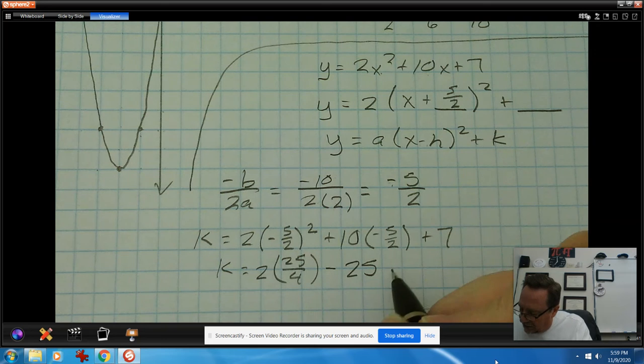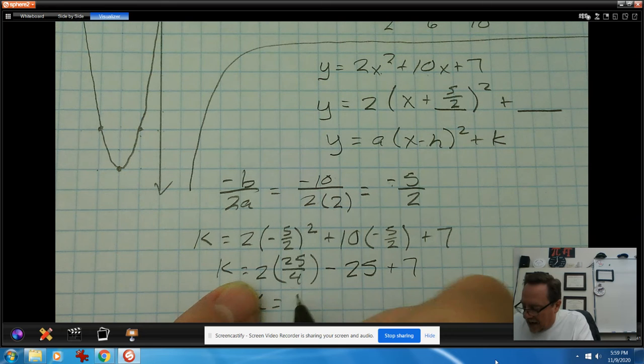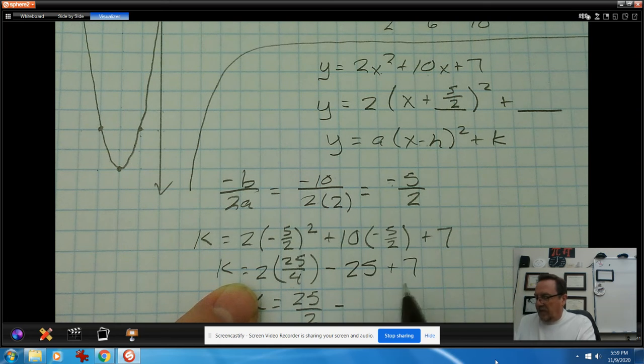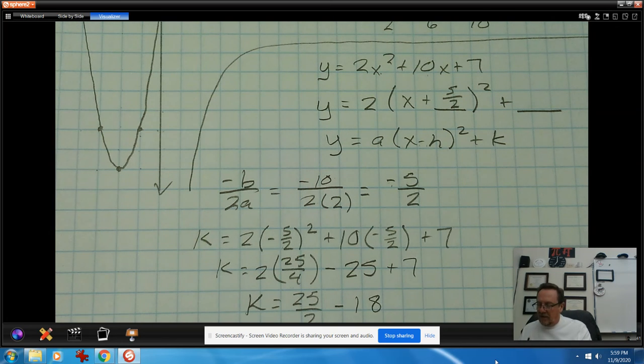And then we're going to add 7. Okay, so let's do a little bit of arithmetic. When I do this, I'm going to get 25 halves minus 25 plus 7, which is going to give me what? Negative 18, right? So I'm going to get 25 halves minus 18.